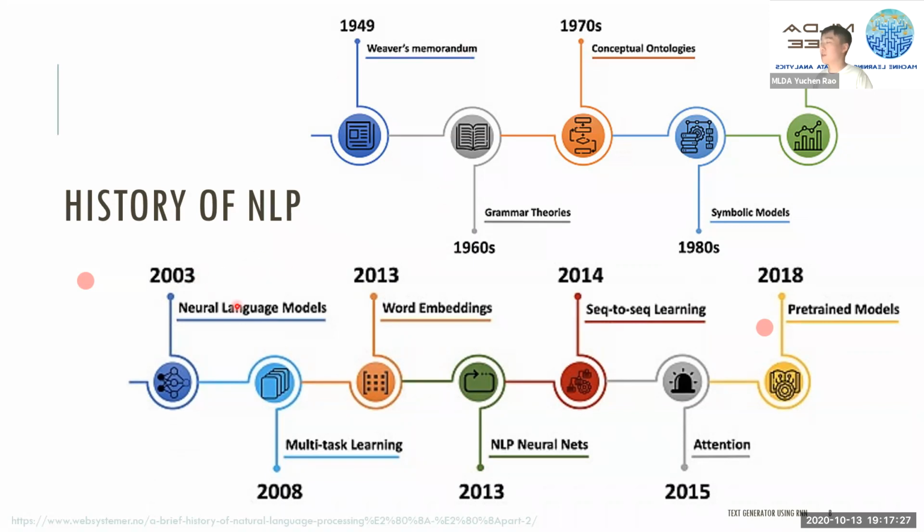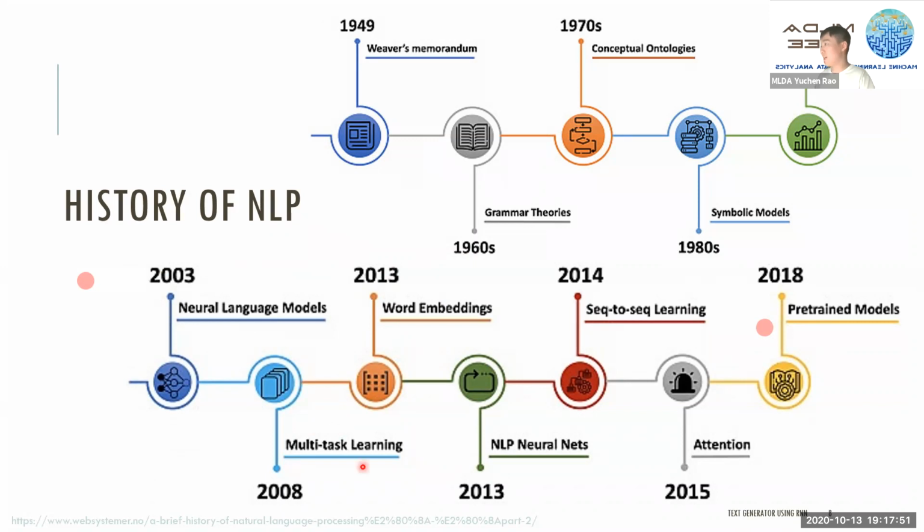Until 2003, we had a big breakthrough: our first neural language model, which consists of a one-hidden-layer feed-forward neural network. The model simply took as input the vector representations of the n previous words, which were looked up in a table learned together with the model.